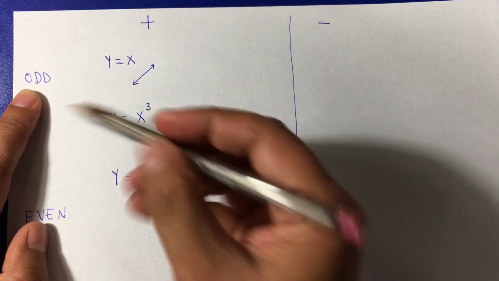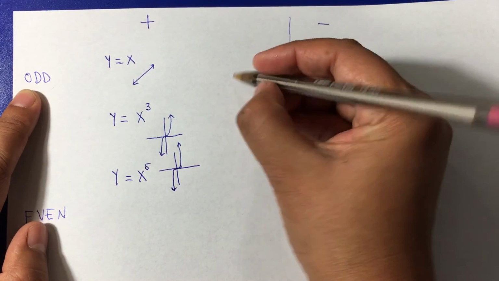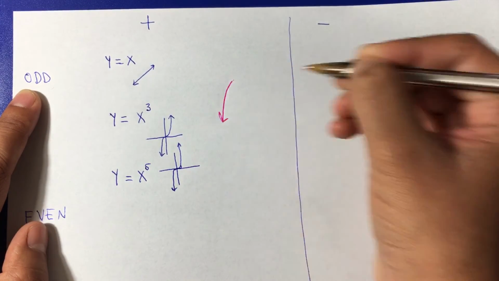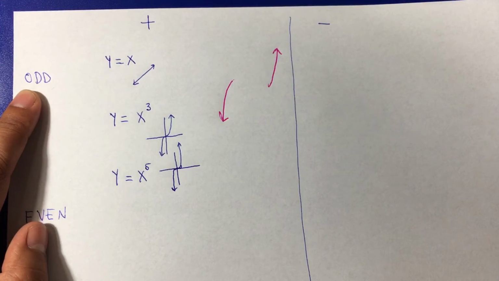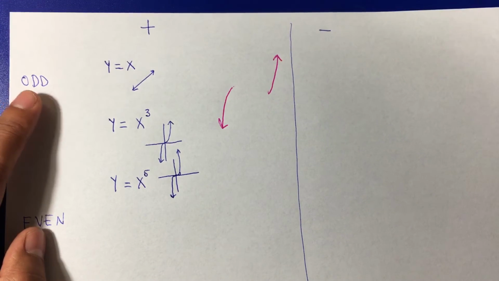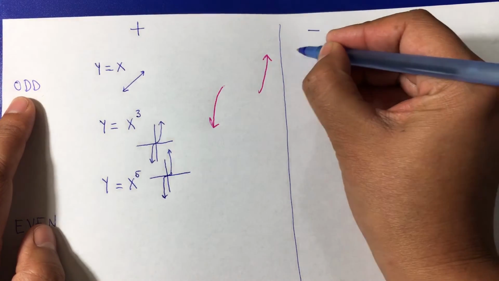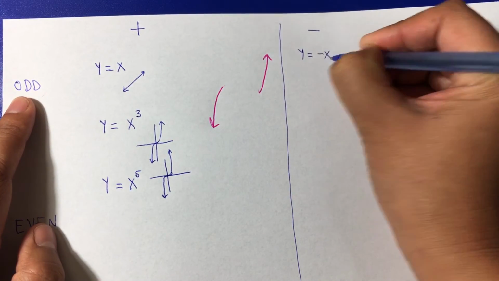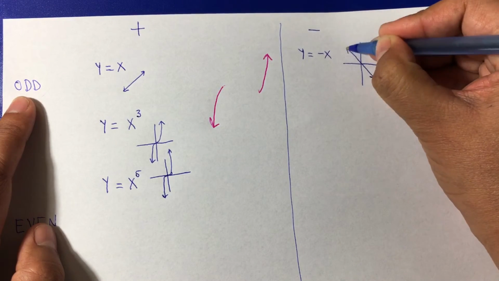So we can say that for odd and positive, we always had going down on the left and going up on the right. Okay? Now, what if it was odd, but it had a negative leading coefficient? Well, we had y equals negative x. My line went down that way.